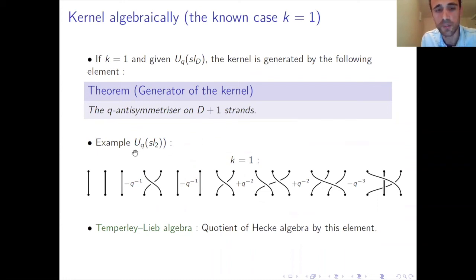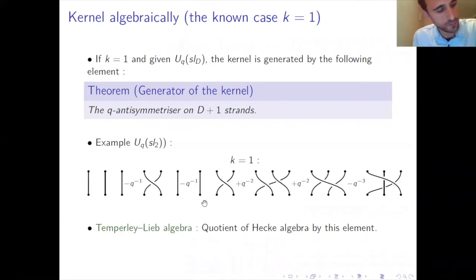So for example, for U_q(sl_2), this is the antisymmetrizer on 3 strands, the sum of all the elements of the Hecke algebra on 3 strands with some carefully chosen coefficients. And so the Temperley-Lieb algebra is exactly the quotient of the Hecke algebra by this element. What I mean is that asking this element to be 0 gives you the Temperley-Lieb algebra.